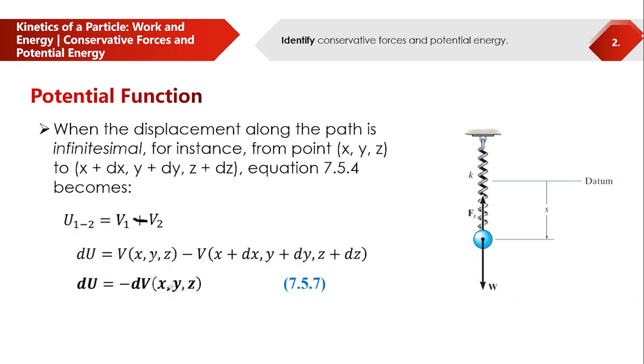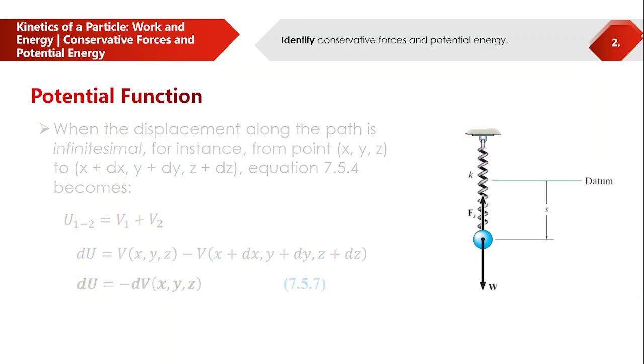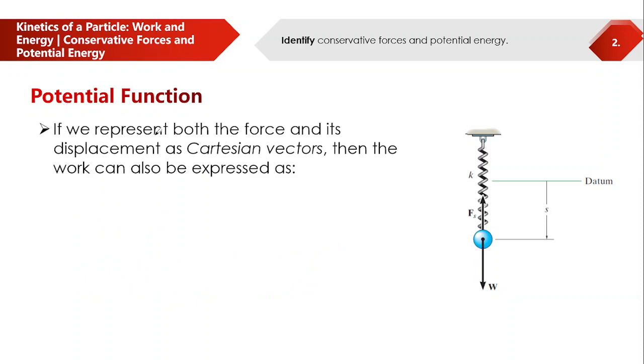So, this is your dU na. So, okay? It's equals to negative dV xyz. Okay? So, if we represent both force and its displacement as Cartesian vectors, then the work can also be expressed as such. So, ayun nga, dU is equals to F dot dr. We all know this one.